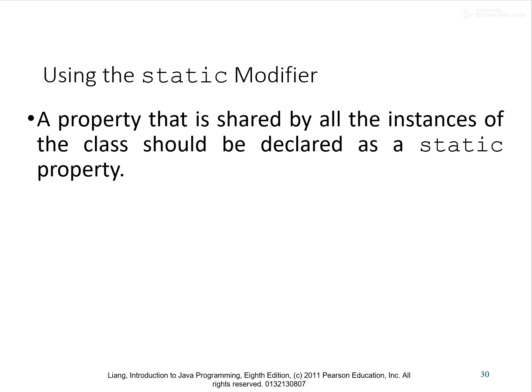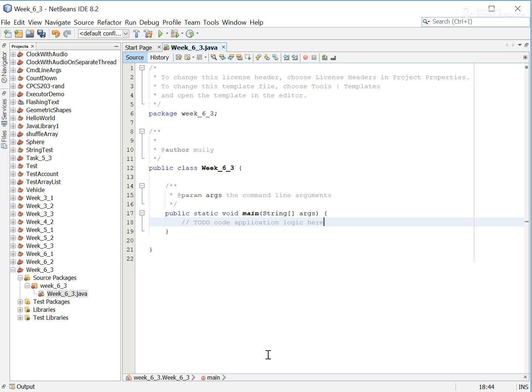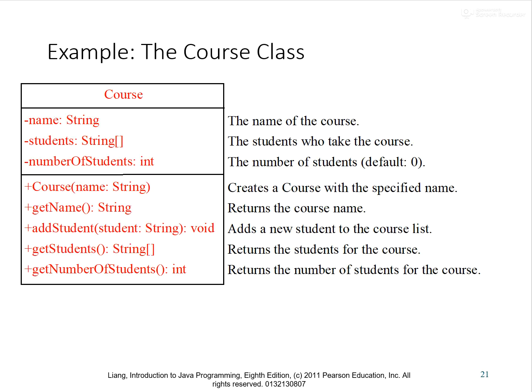Okay, so let me begin with today's code. Again, you'll find this in slide 21 of lecture 4, object-oriented design, or OOD. This is basically the UML class diagram of the class I'll be writing now.